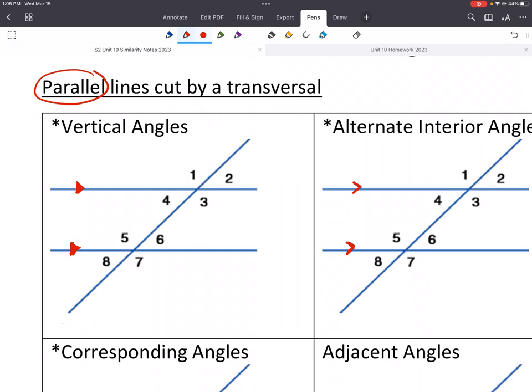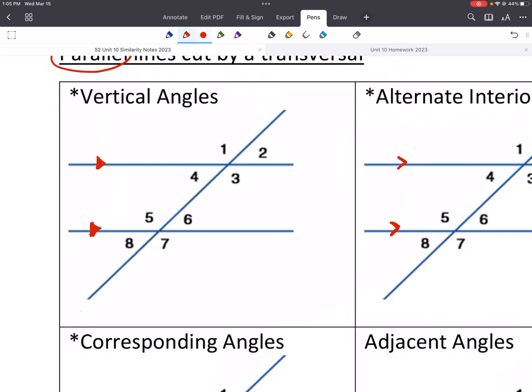And when we have parallel lines and a transversal, then we have some information that we can know about some of the angles. So first off, let's talk about vertical angles. Vertical angles are angles that are kitty corner or diagonally from each other.